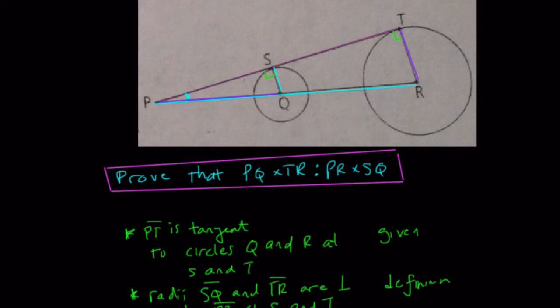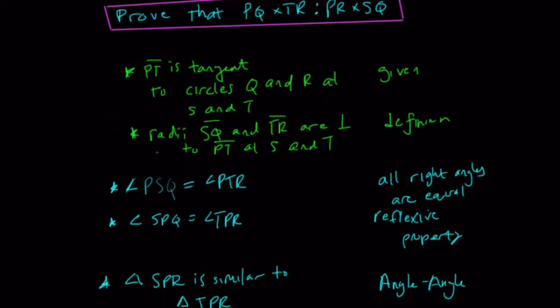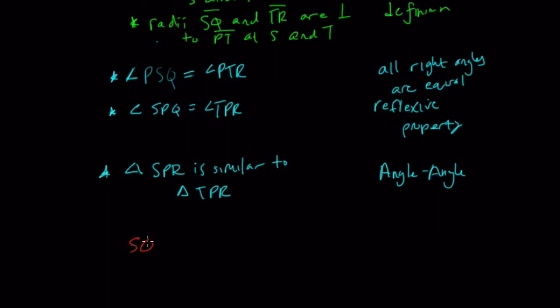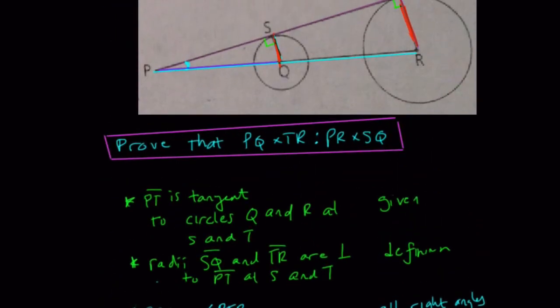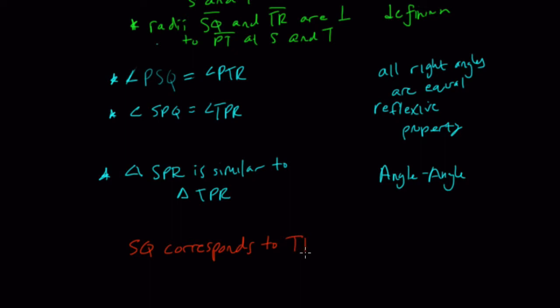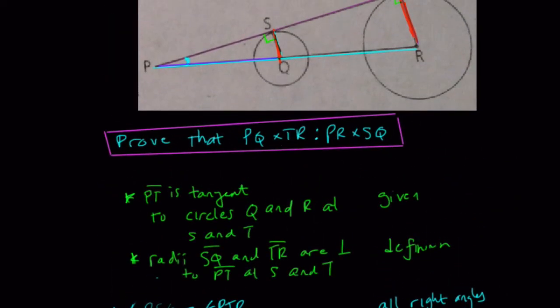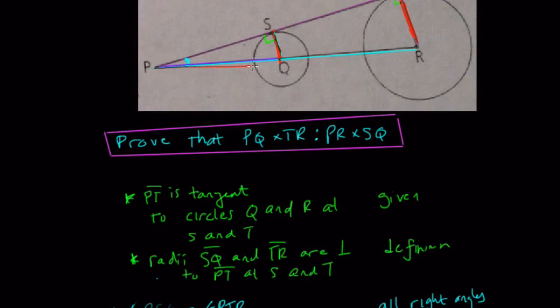Now that you have that, you basically have to find the corresponding sides. So SQ and TR are corresponding sides. And you might want to say that here. SQ corresponds to TR, and PQ, this side here we're looking at, corresponds to PR.